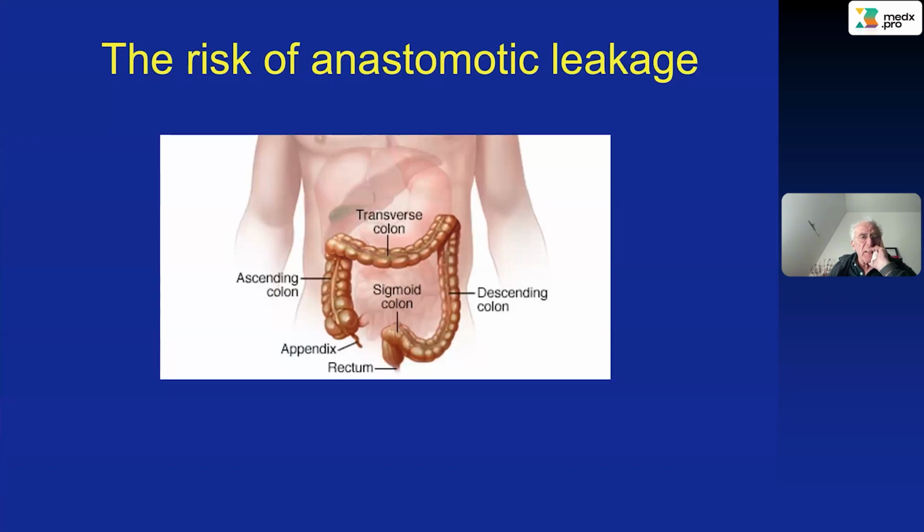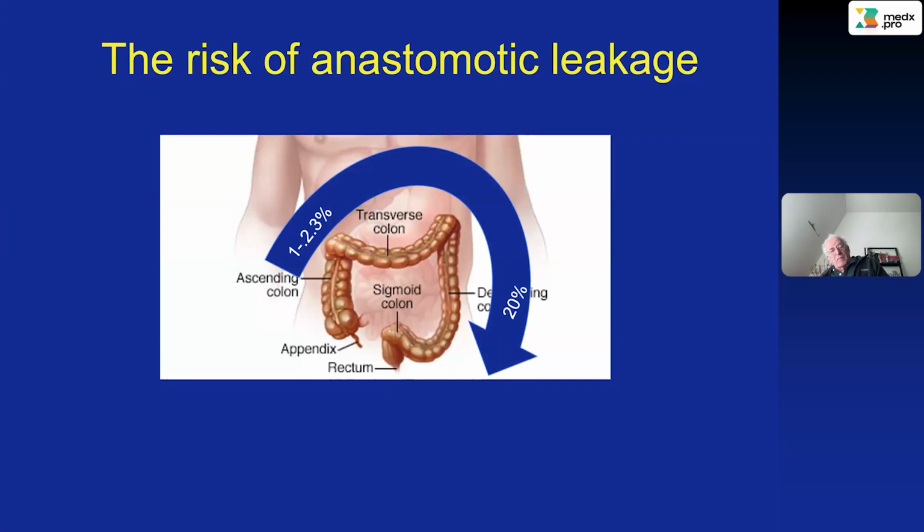So the right colon leaks much less than the transverse, and the transverse much less than the descending. And probably the reason is the vascular problems that we talked about, in other words, the Drummond artery and the Sudeck vascular point, the watershed area between the left colic and the middle colic arteries on the splenic flexure.